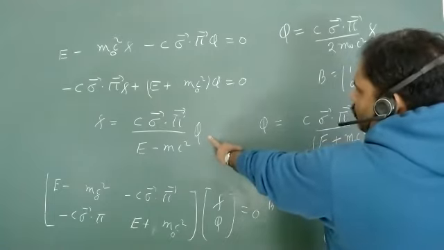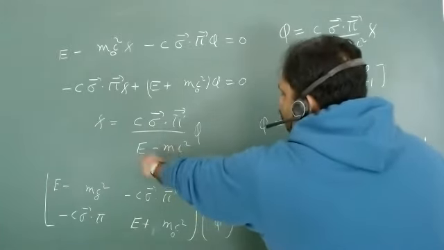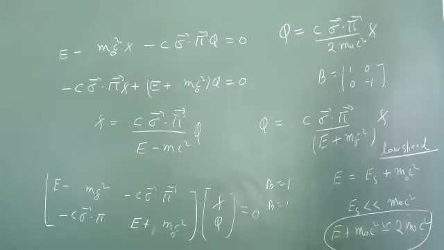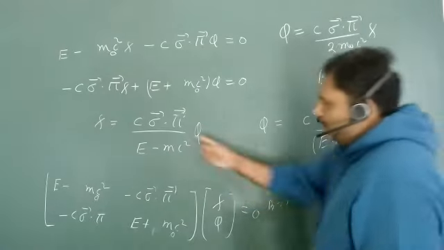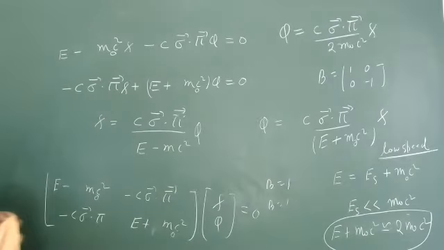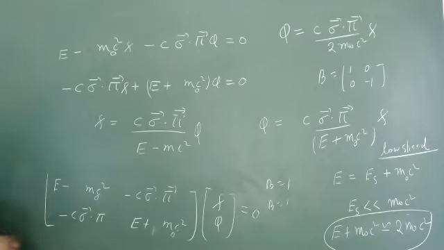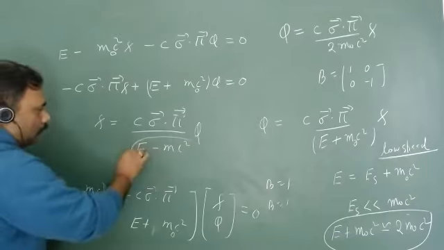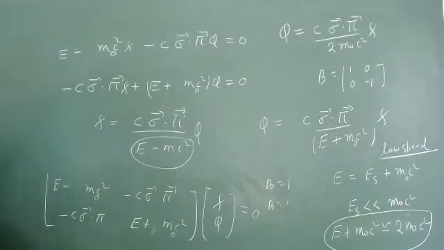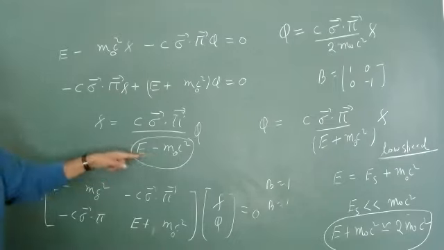And what is E minus m naught c square? Just tell me. Very small, tending to 0? No. E minus m naught c square is your kinetic energy.